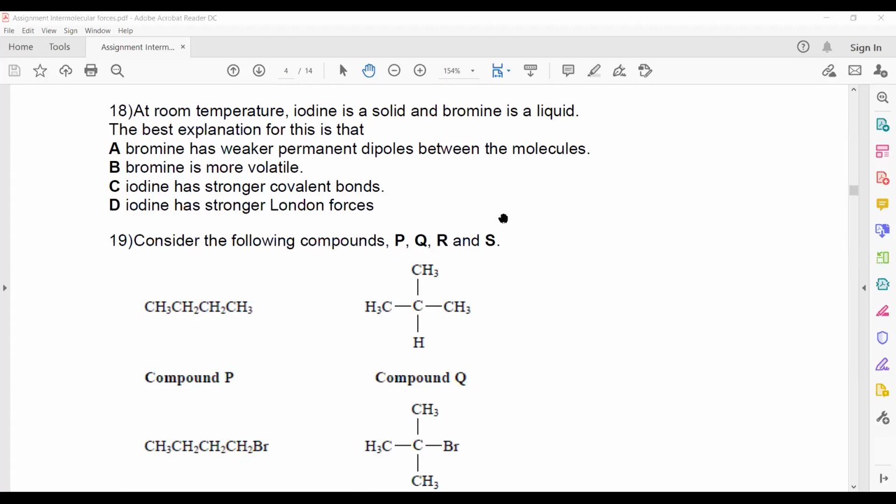No, bromine is having a weaker... Actually, they're asking for a molecule. When you have a bromine molecule, it does not have permanent dipoles. Why? Because the bromine molecule is Br2, so the molecules are non-polar. Iodine molecules are also non-polar.